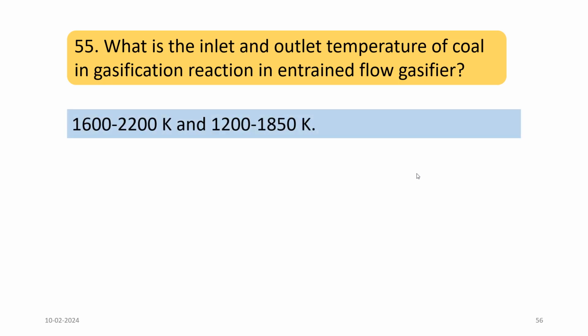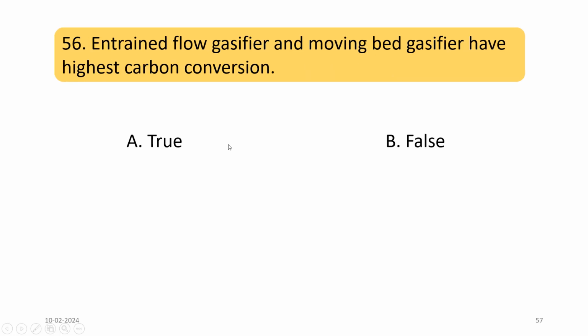Here the answer is, in the reactor the initial inlet temperature is 1600 to 22 in the entrained flow gasifier, and when the product is formed the temperature range is 1200 to 1850.